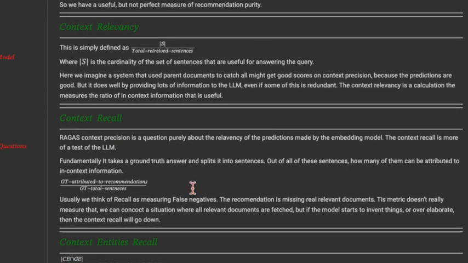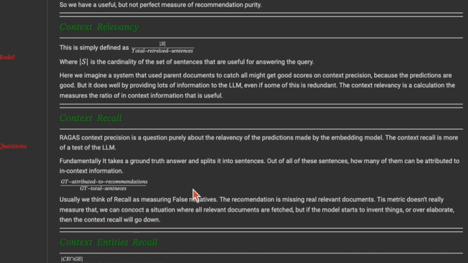Context recall is more of a test of the large language model, and it's going to be splitting up the ground truth answer into sentences and asking, what proportion of the total sentences in the ground truth can be attributed to the information in the context.